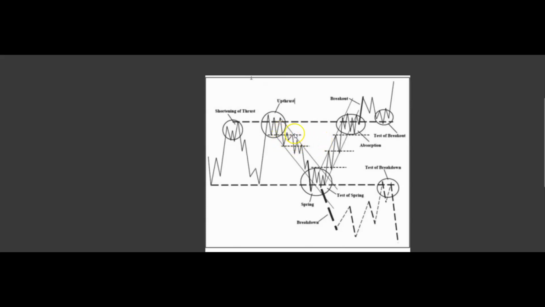Because a breakdown and a test of a breakdown, or a test of a breakout, is an area to look for buys and sells. This is the break and test strategy. Also in Wyckoff, was it jump over the creek and come back to the creek, and break the ice and come back to the ice? Whatever. The point is it's a breakout and test of a breakout in expectation of continuation.